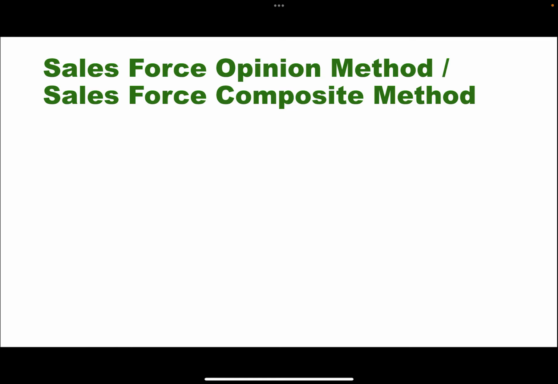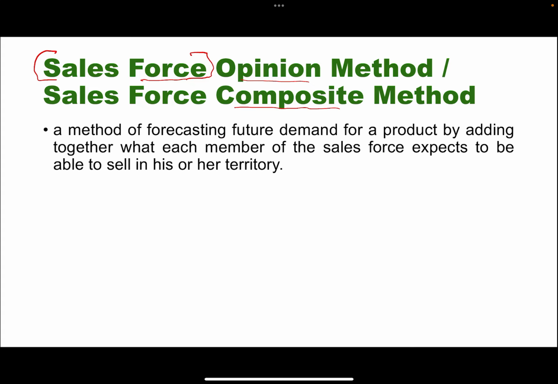The next method is the sales force opinion method or sales force composite method. As the name suggests, instead of consumers, we will use the sales force or the sales executives to predict the future. So this is a method of forecasting future demand for a product by adding together what each member of the sales force expects to sell in his or her territory.